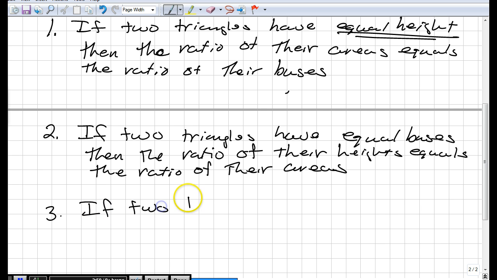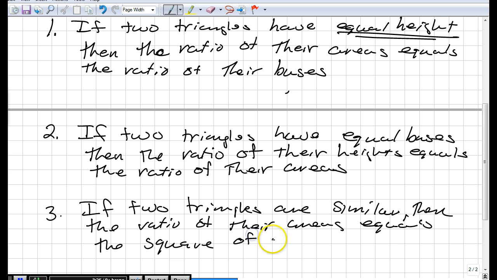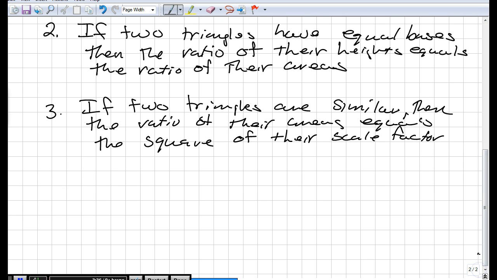If two triangles are similar, then the ratio of their areas equals the square of their scale factor. Okay, so example.